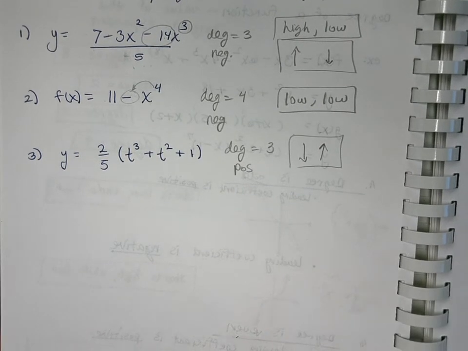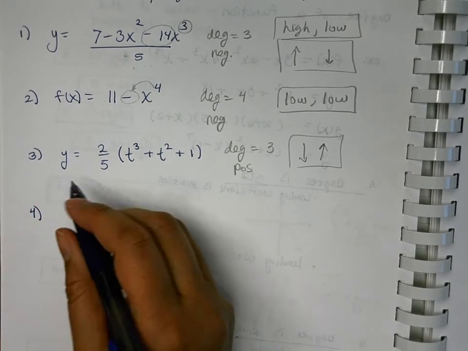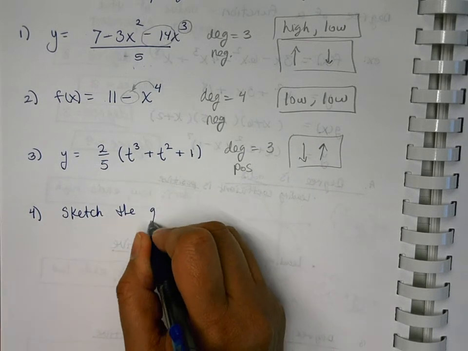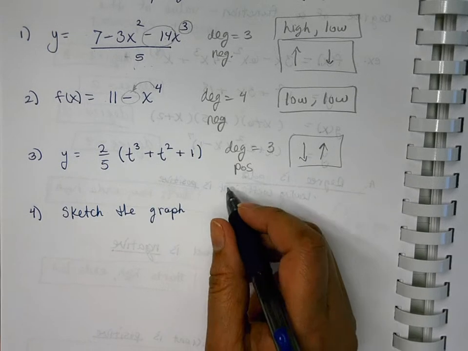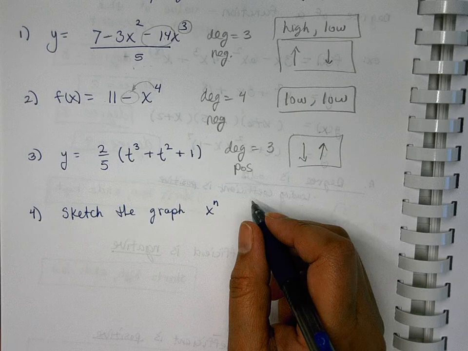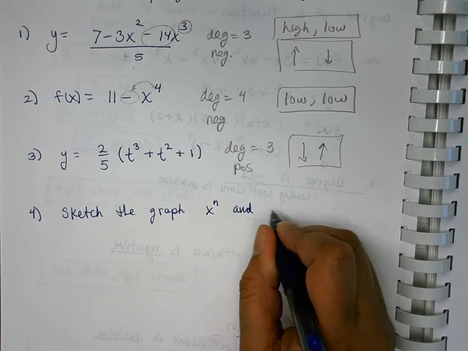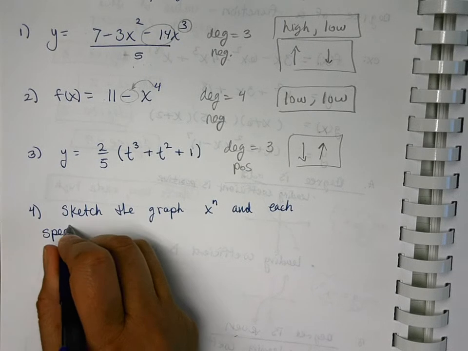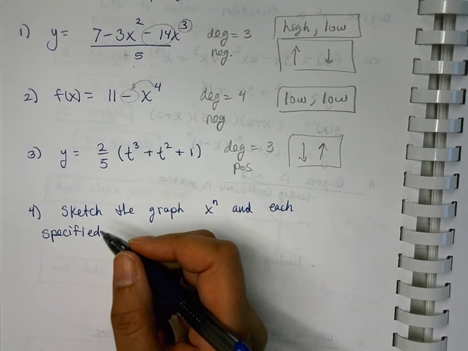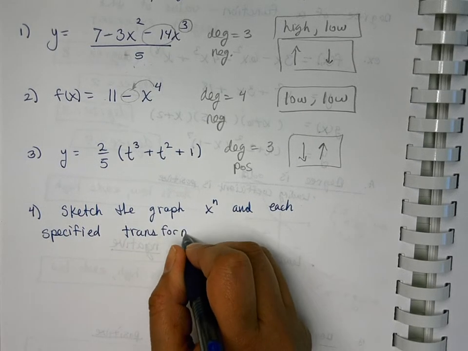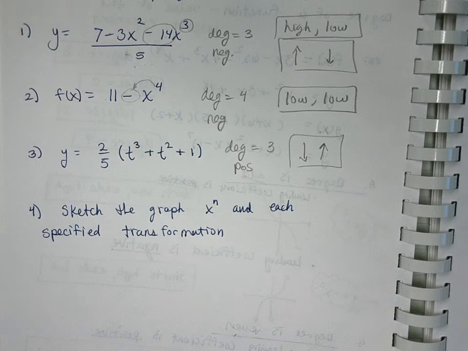Okay, number 4. Sketch the graph of x to the n and each specified transformation.